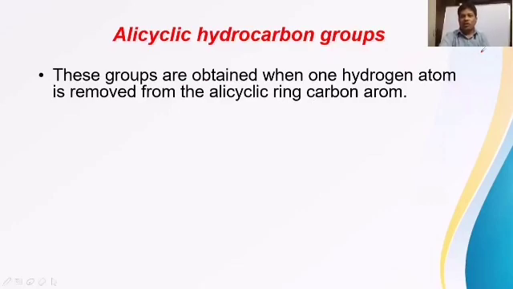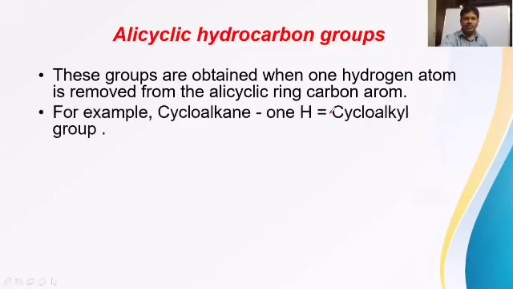From a cycloalkane molecule, when you remove one hydrogen atom, what do we get? The cycloalkyl hydrocarbon group. For example, cycloalkane minus one hydrogen atom gives a cycloalkyl group.